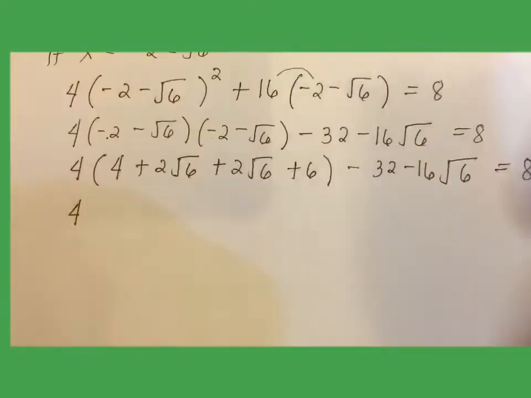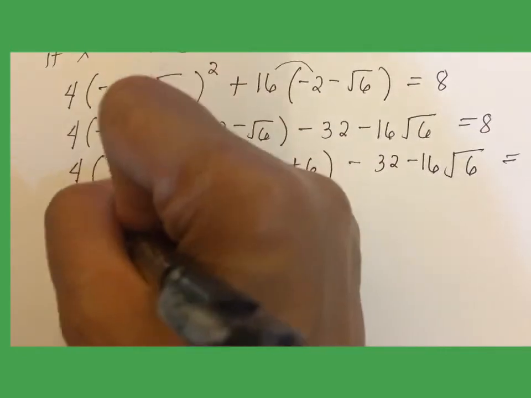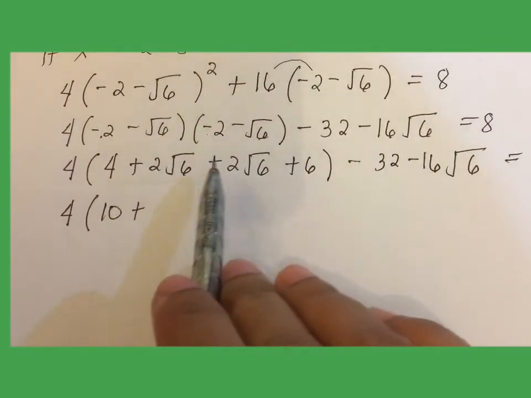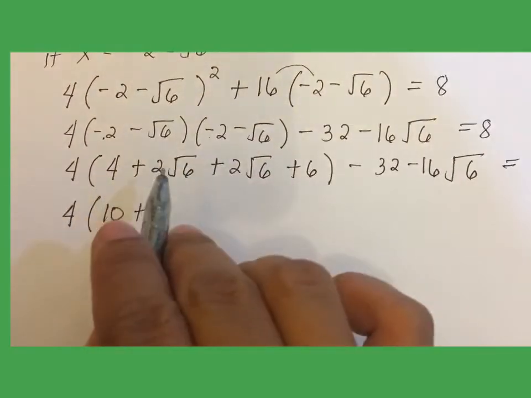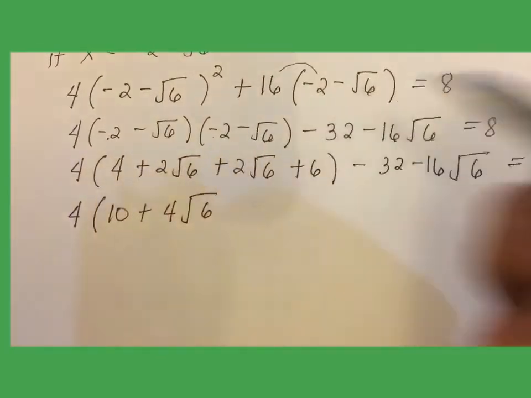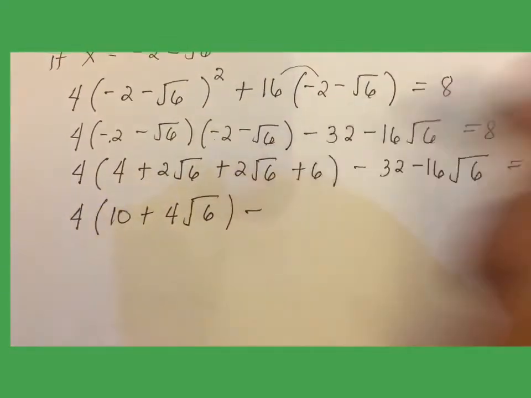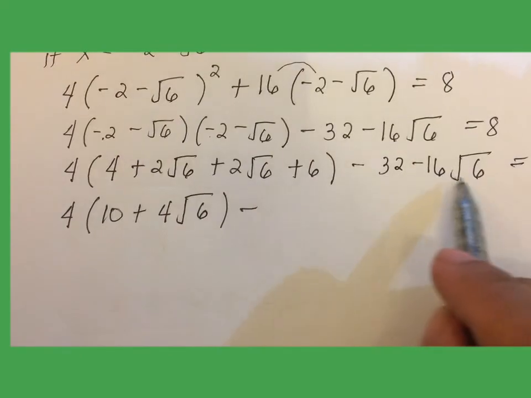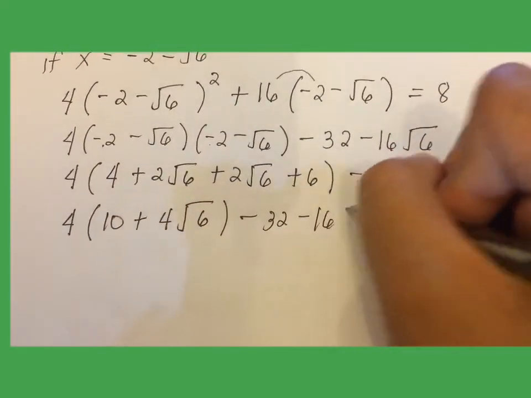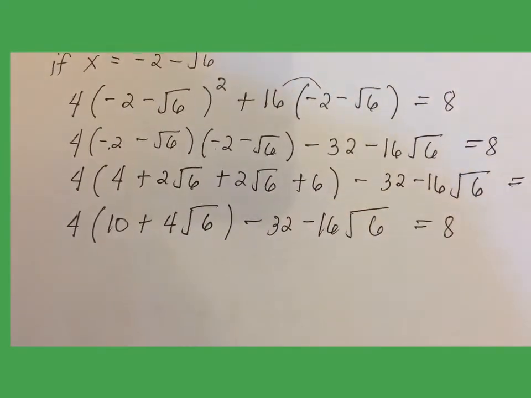So we bring down 4 first. Then 4 plus 6, that's 10. 2 square root of 6 plus 2 square root of 6, that's 2 plus 2, that's 4 square root of 6. Minus, we bring this down, 32 minus 16 square root of 6 equals 8.